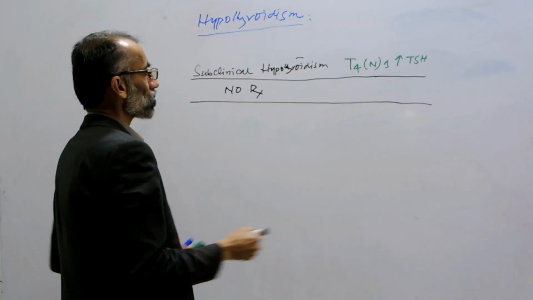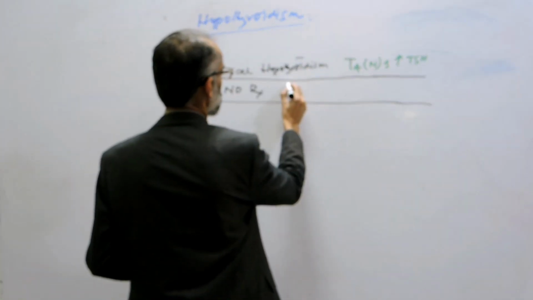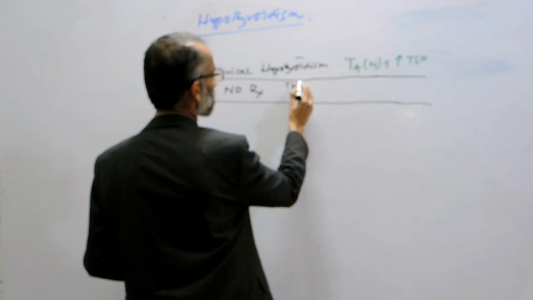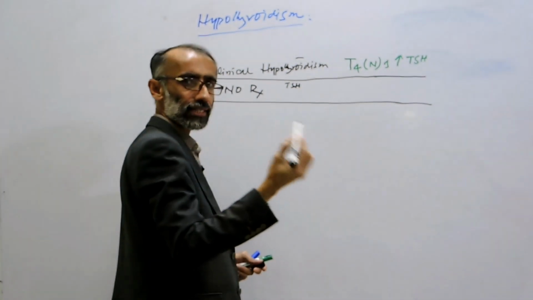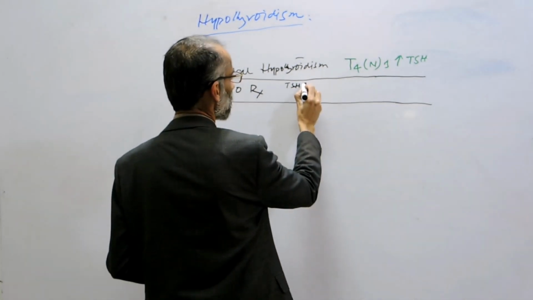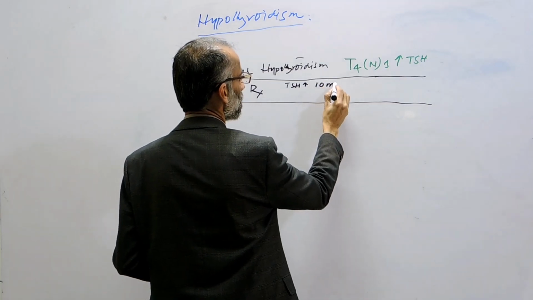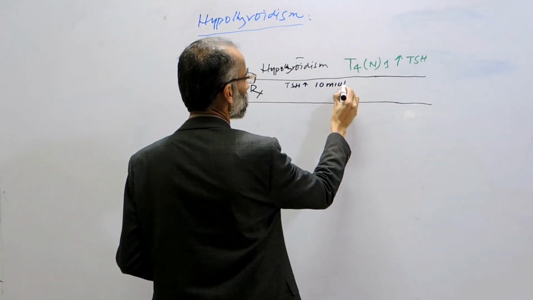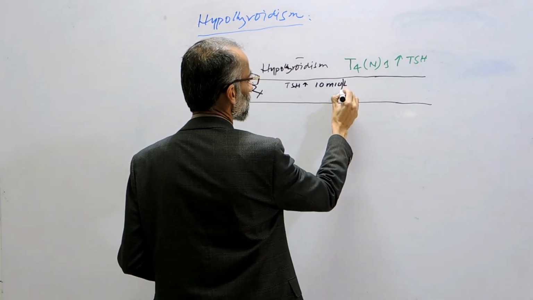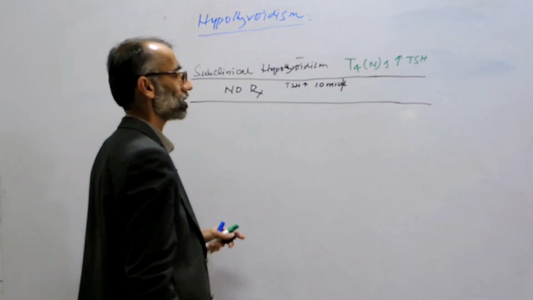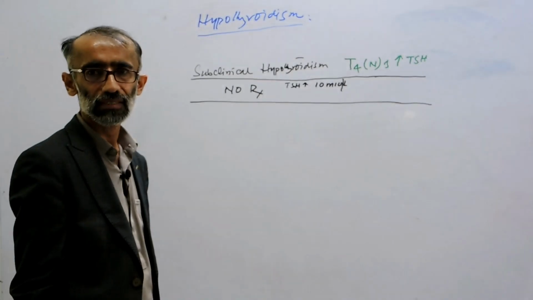If the TSH is persistently elevated above 10 milli-international units per liter, you have to treat it.